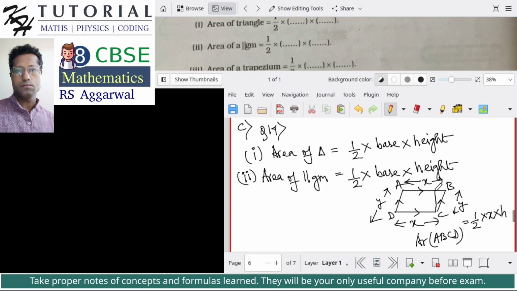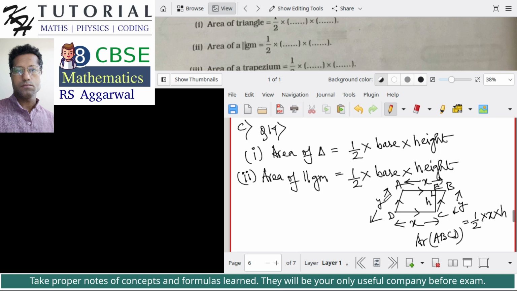So if I draw a perpendicular from C to AB, if this is H, if CE is H, then CE will be the height of the parallelogram considering the base as DC or AB. It could be other way around. If you consider the base as Y, then you have to consider the height, that is the perpendicular distance between the parallel sides AD and DC.